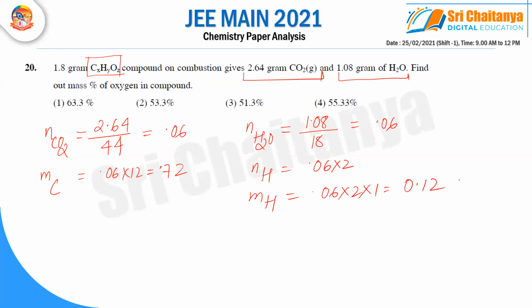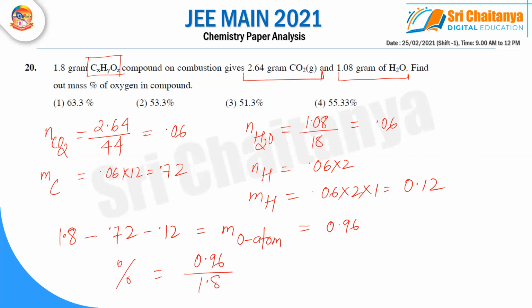You will get this much mass of hydrogen. Now from the overall compound, the total mass was 1.8. If you subtract 0.72 and 0.12, you will get the mass of oxygen atom. Now this mass will come out to be 0.96. They're asking the percentage of oxygen. So what we do, we write 0.96 at the top divided by 1.8 into 100, and we arrive at something close to 53%.